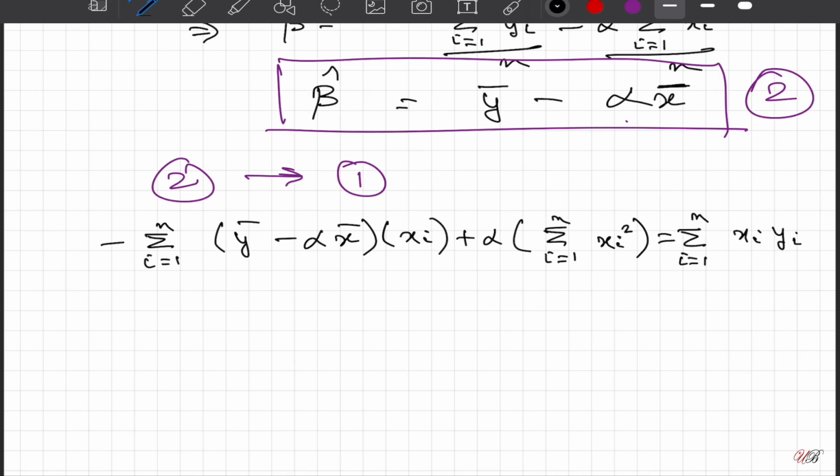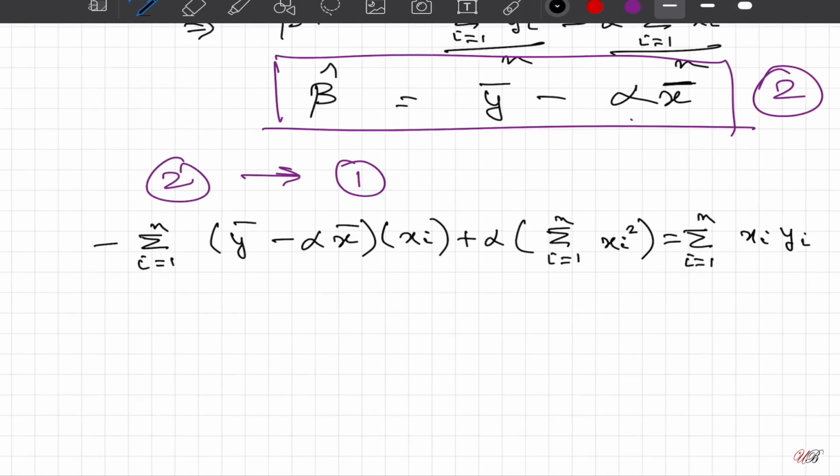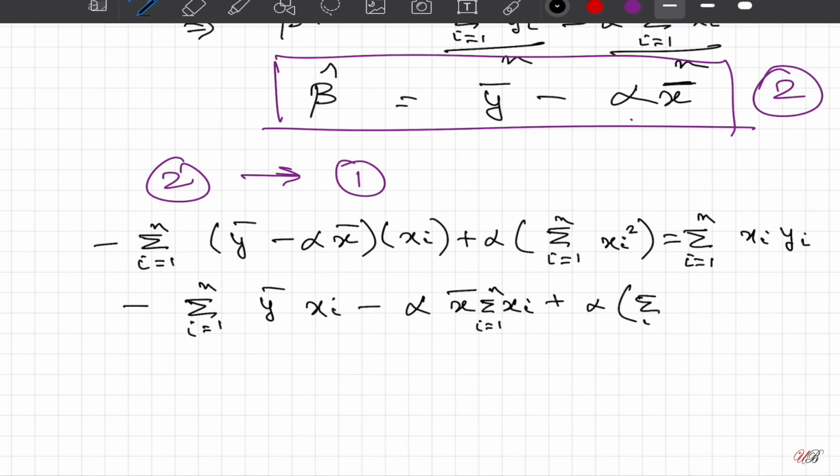Another thing to note, once we expand it, so let me expand it and then I will make that simplification. I can write this as summation i from 1 to n y hat xi minus alpha x hat xi, plus alpha summation i from 1 to n xi square equal to summation i from 1 to n xi yi.